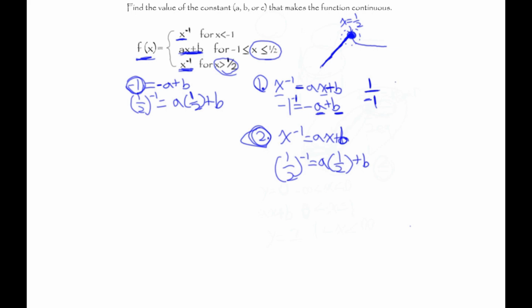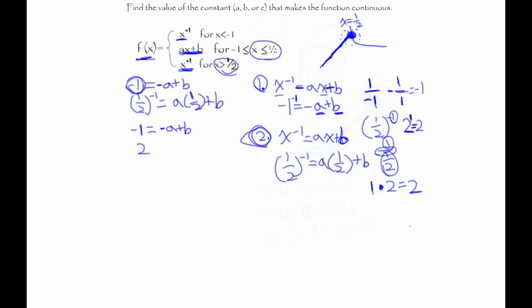Or a simpler explanation is that you just flip the number over. Hence, negative 1 over 1, but that's just equal to negative 1. So this remains the same. But now 1 half to negative 1 can simply be reciprocated from the beginning, which is 2. So our new set of equations will look like this.